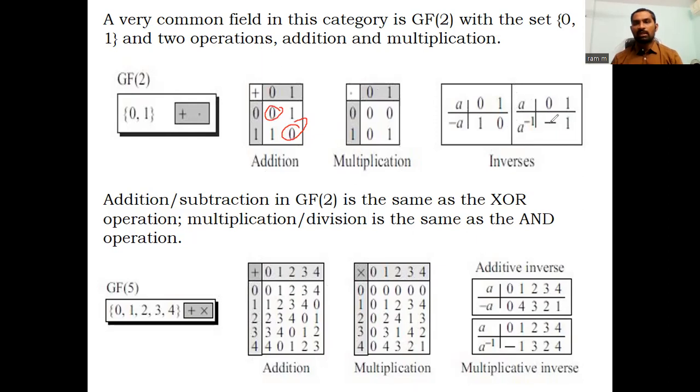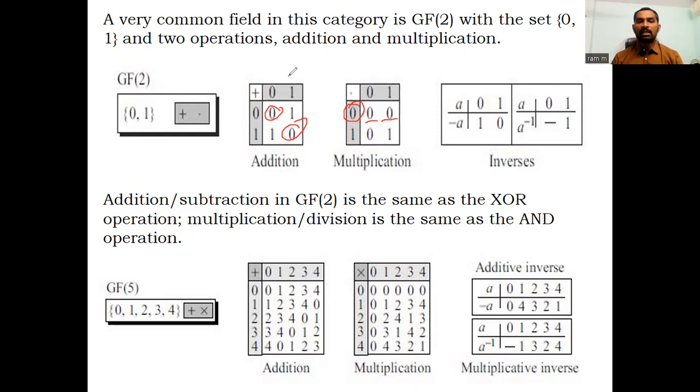For 0, I don't have any inverse. Why? If you observe here, when I apply 0 dot 0, I get 0, and when I apply 0 dot 1, I get 0. I never get the identity element, so there is no inverse. When we studied the definition of a field, we said that the identity element of the first operation will not have an inverse with respect to the second operation.